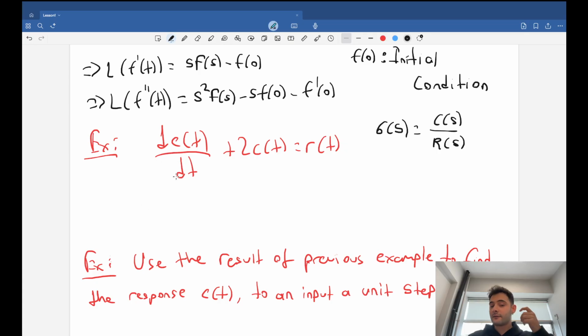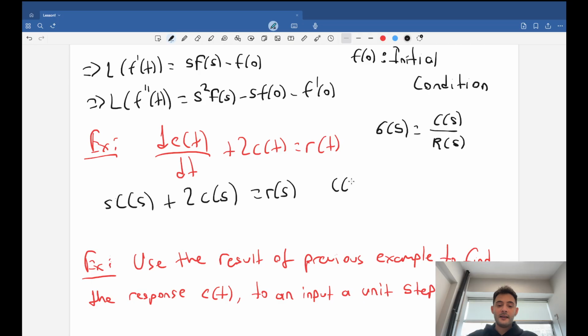So let's write this down quickly. We have the first derivative here, and initial conditions are 0. So the first derivative comes out to be s C(s), right? Plus, if there's no derivative, just write it with the letters switched, 2C(s) equals R(s). And let's take those C(s) terms into the same parentheses.